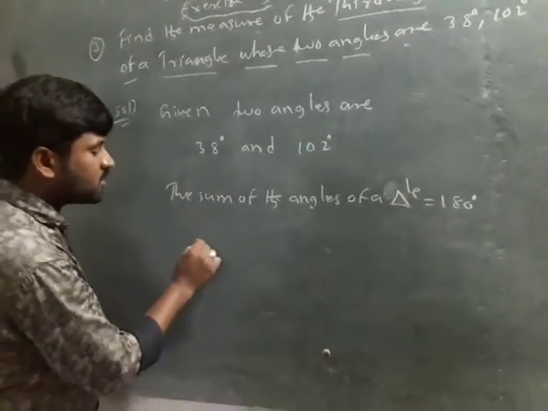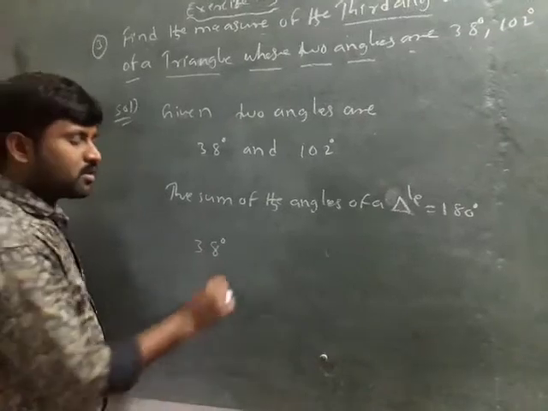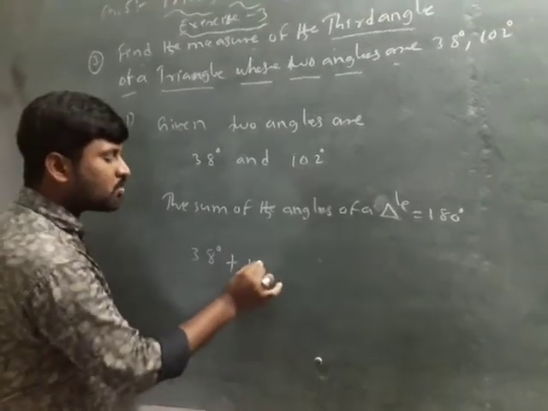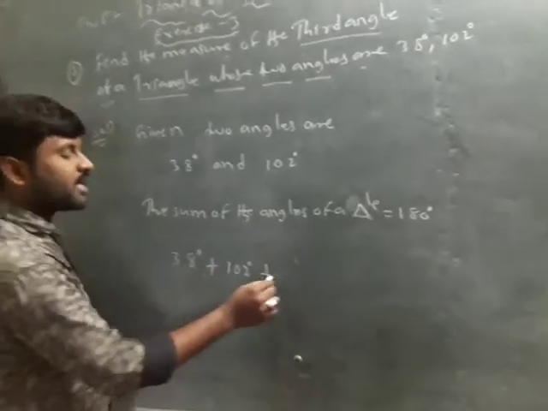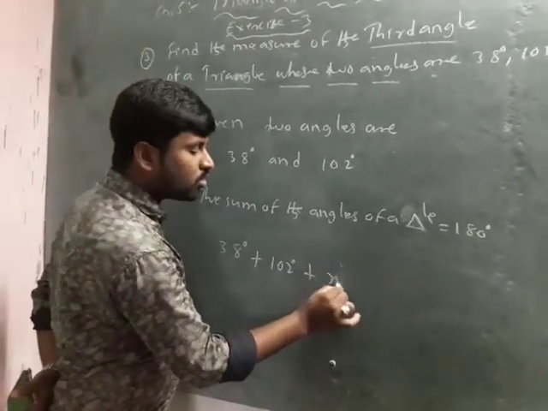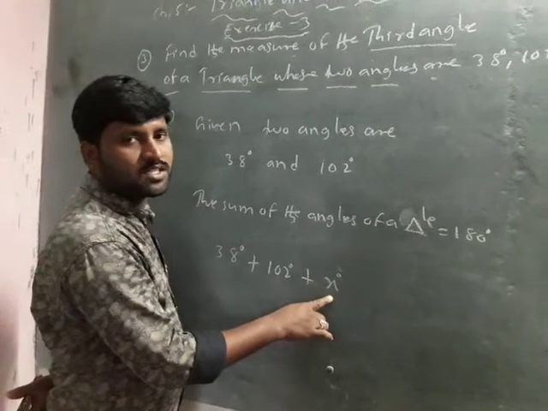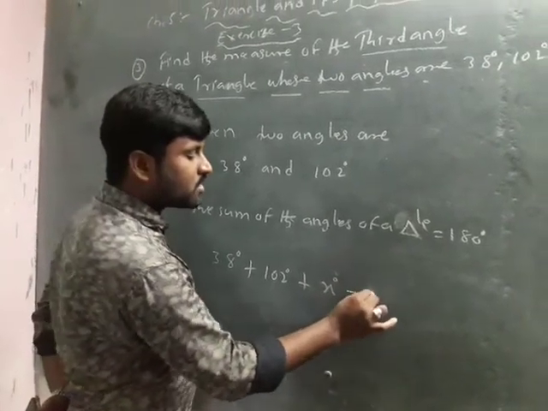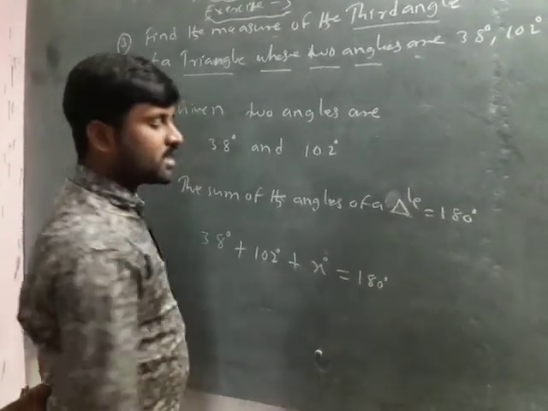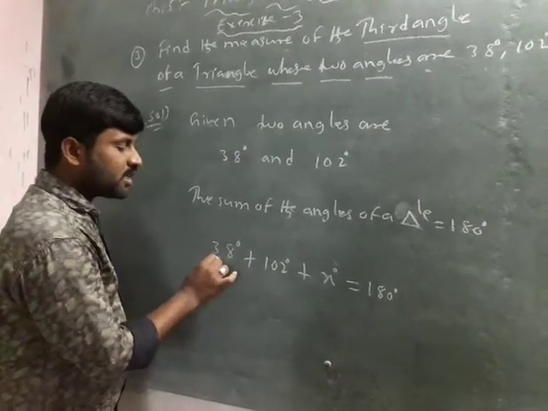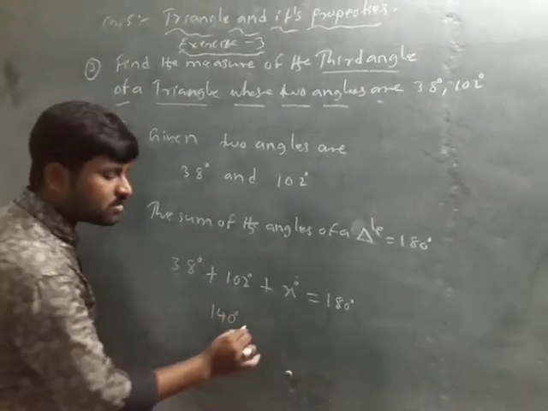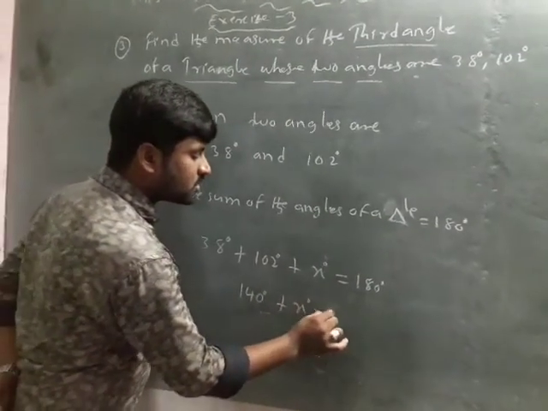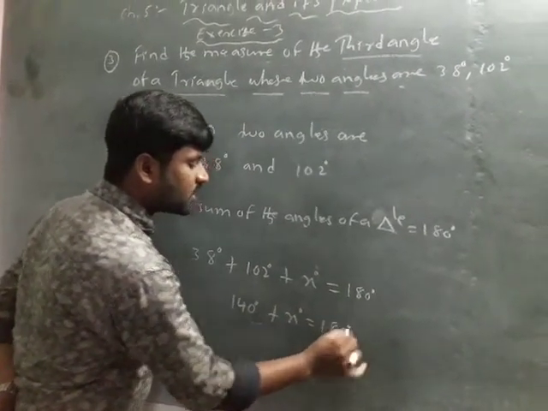The first angle is 38 degrees and the second angle is 102 degrees. I am taking the third angle. What is the third angle? We don't know, that's why I am taking it as x degrees, is equal to 180 degrees. Now 38 degrees plus 102 degrees is 140 degrees, plus x degrees is equal to 180 degrees.